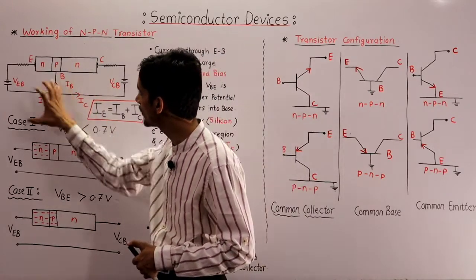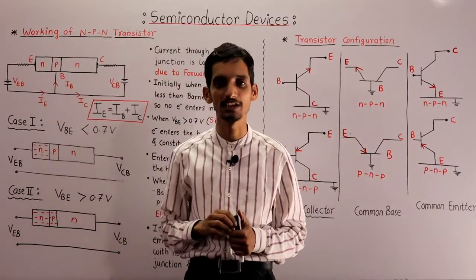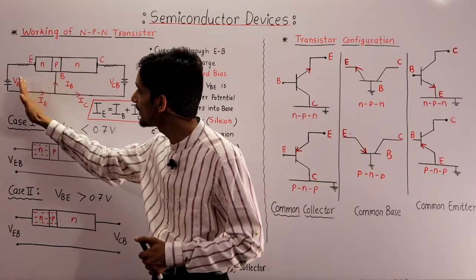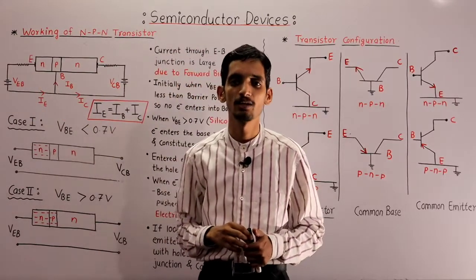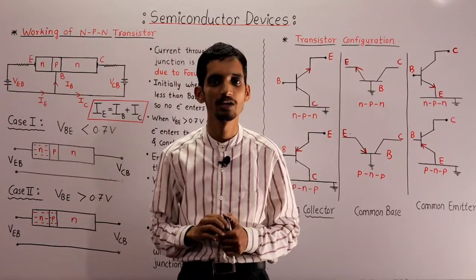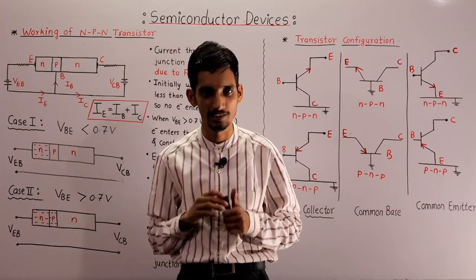This is an important technique called biasing. It means connecting the battery with proper polarities between the junctions of the transistor is called transistor biasing.